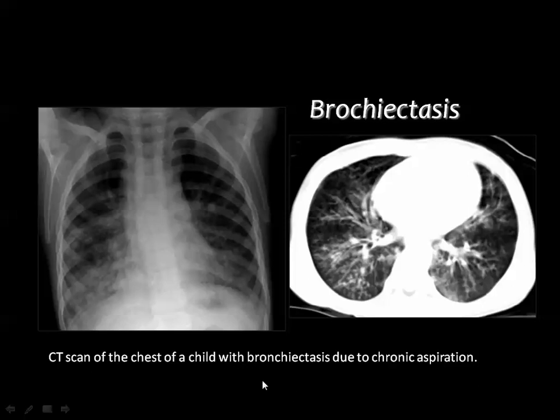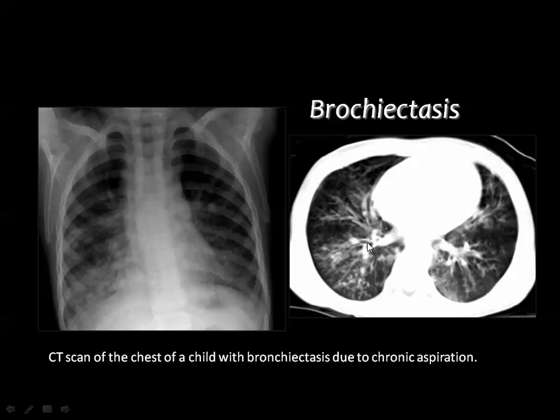But nowadays, we can diagnose bronchiectasis easily by CT scan, and I know from my colleagues who perform ultrasound of the chest that the diagnosis of bronchiectasis is also easy by ultrasound.